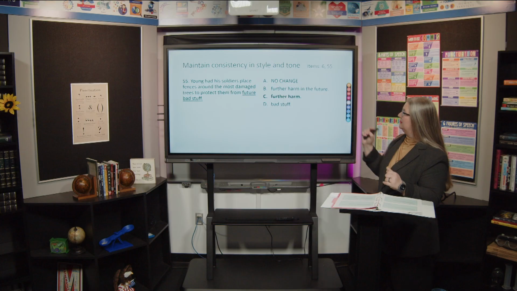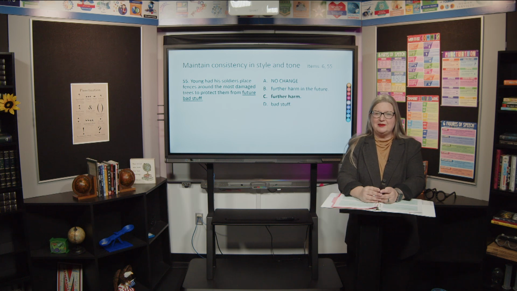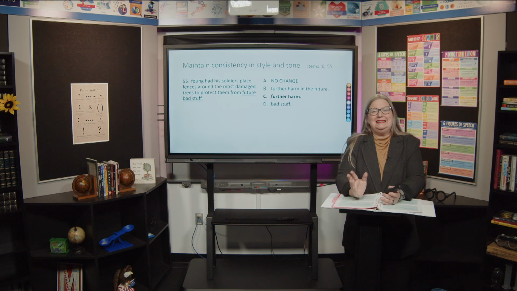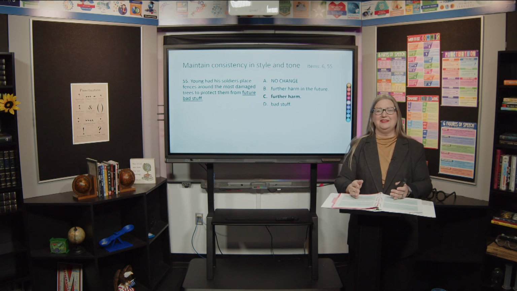Let's look at number 55. Young had his soldiers place fences around the most damaged trees to protect them from future bad stuff. Oh, bless it. That's what we say when somebody does something, you're like, oh, bless their hearts. Y'all know what that means. Does that maintain the same tone as the rest of the essay?